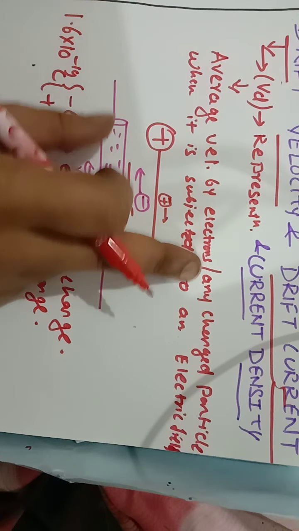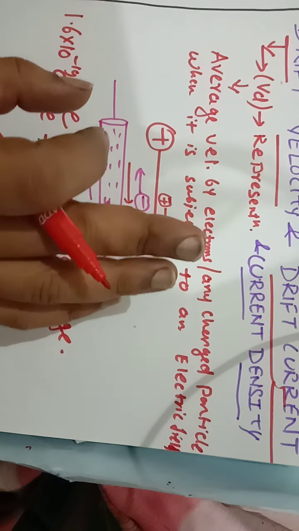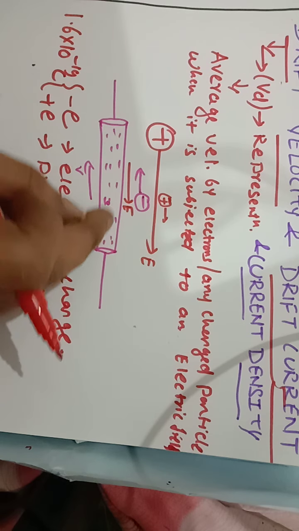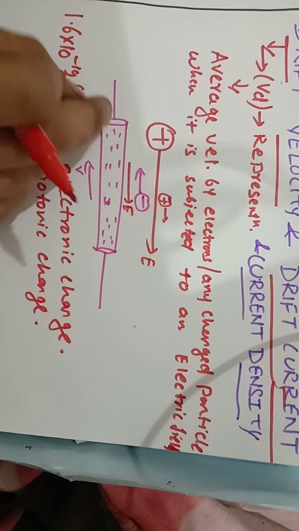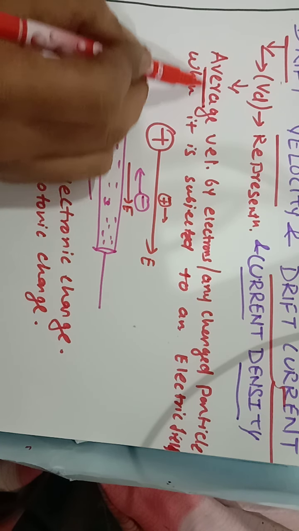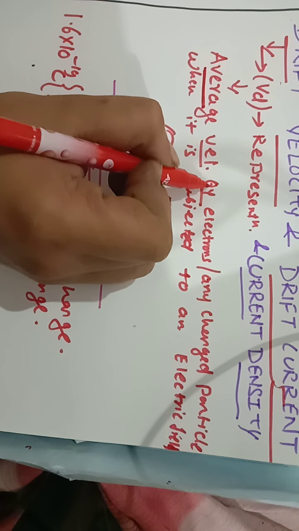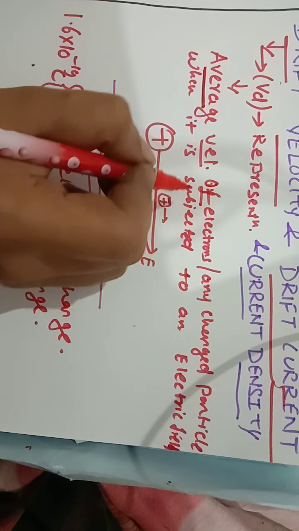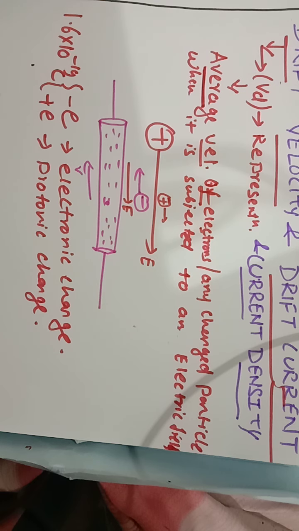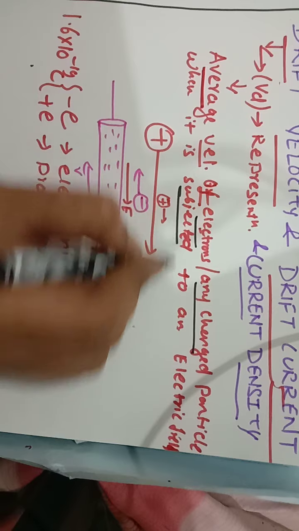So it is the average velocity of electrons. There are lakhs of electrons in a wire. If we calculate the individual velocity of all the electrons and then take the average, that average velocity is what we are talking about: the average velocity of electrons or any charged particles when subjected to an electric field.